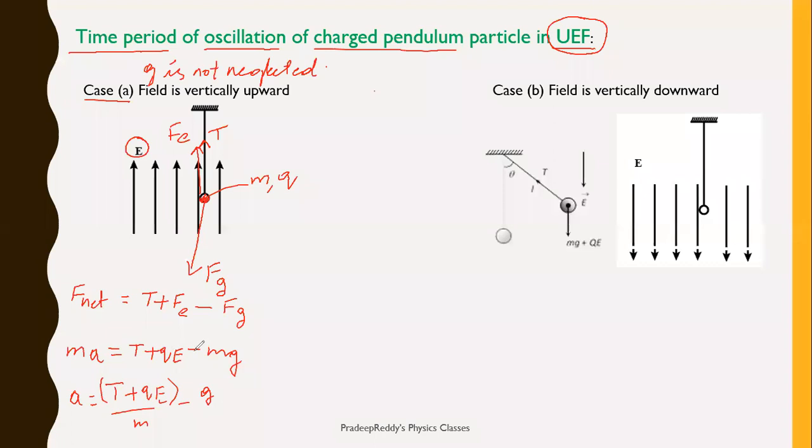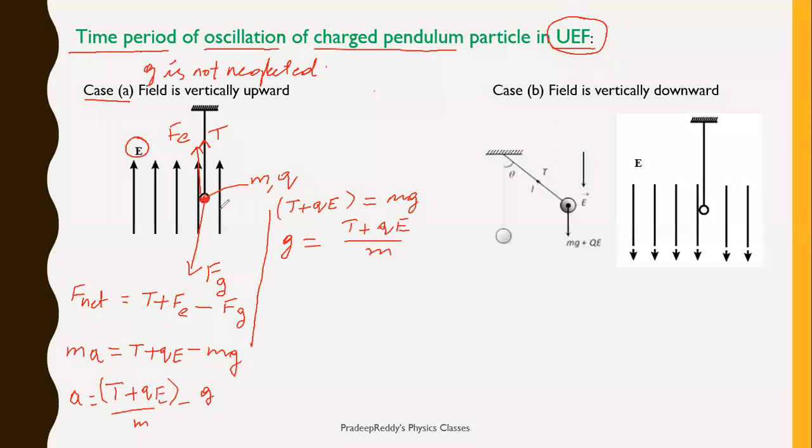In such cases you can write T plus QE is equal to mg, and acceleration due to gravity g should be replaced with T plus QE divided by m.